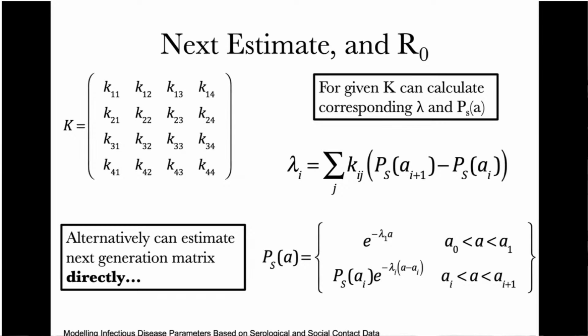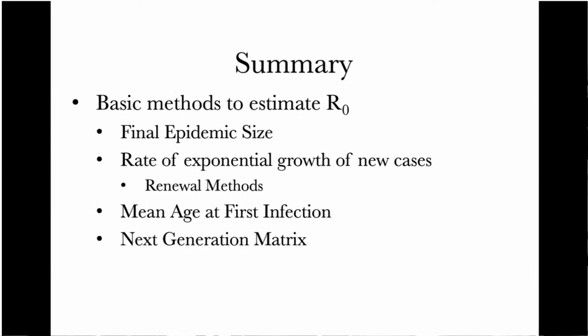Because if you subtract the proportion susceptible today from the proportion who were susceptible yesterday, that is really the people who have been infected between those 2 time points or 2 age groups. So you can basically use the next generation matrix to also estimate a force of infection.